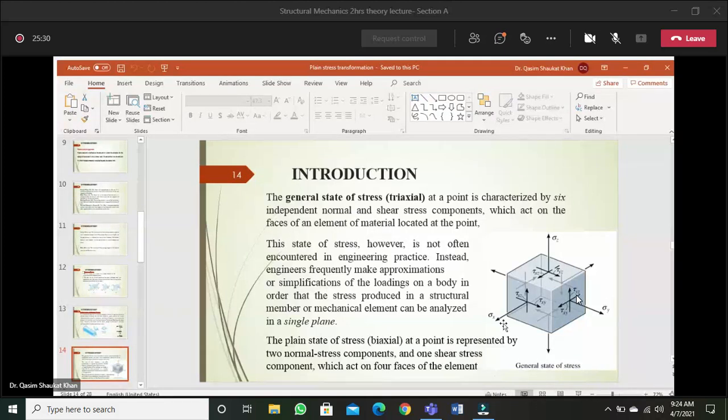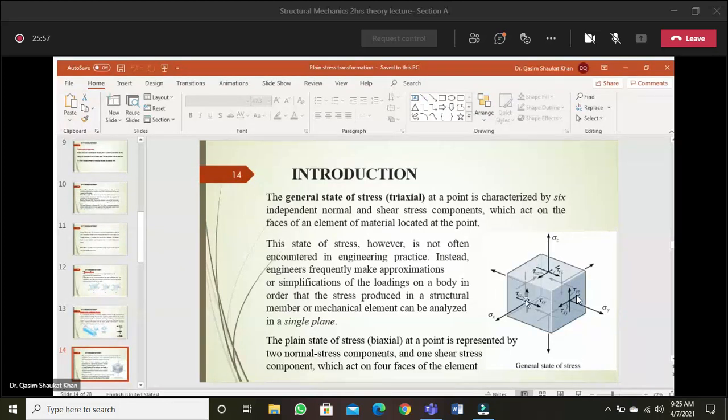Now, in general, this is your three-dimensional element. This is my x-axis, this is my y-axis, and this is my z-axis. Now I have a three-dimensional element having six faces.